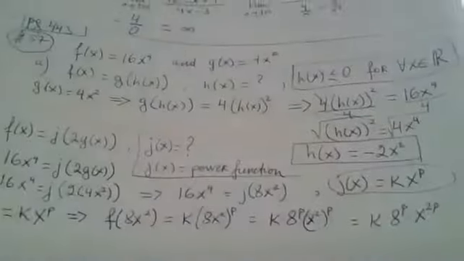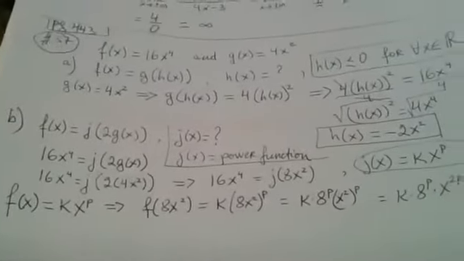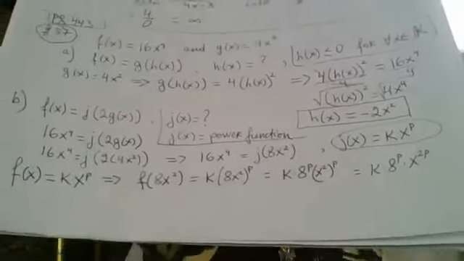But I know that my f at x was 16x squared, right? Yes. So which means I'm getting 16x to the 4 equals k times 8 to the p power times x to the 2p.